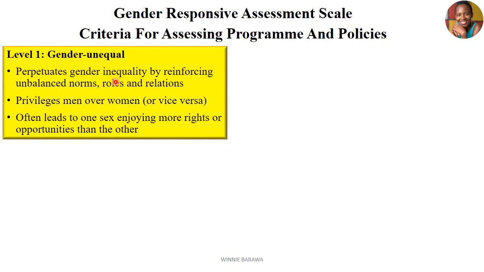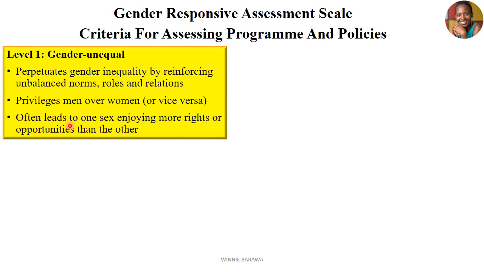It tends to privilege the men over women and vice versa. It favors the gender based on whatever is already working for them, based on the gender privileges and rights. So often, the gender unequal programs or policies lead to one sex enjoying more rights or opportunities than the other. So there's an inequality there.